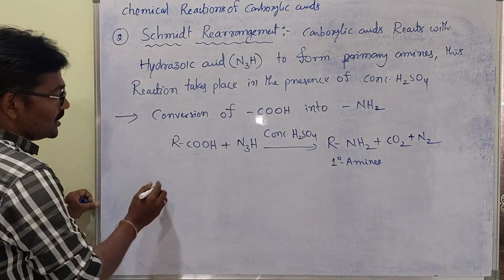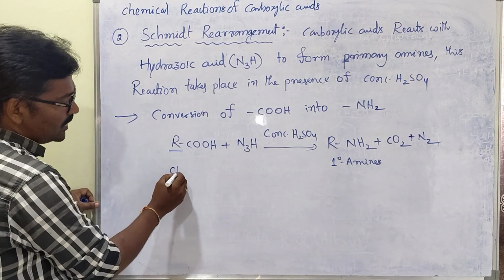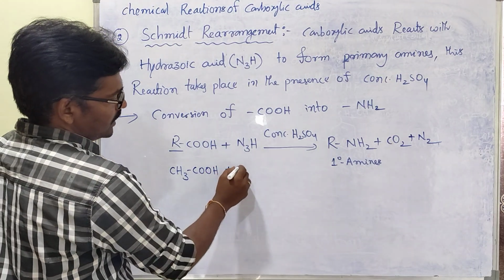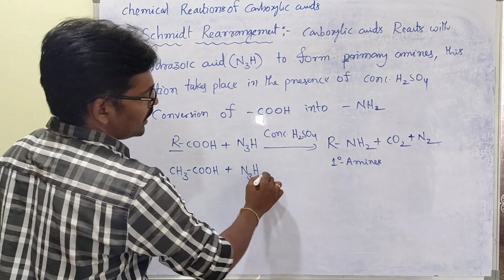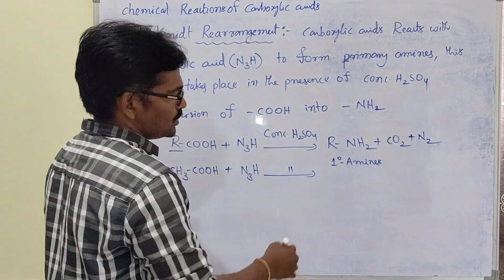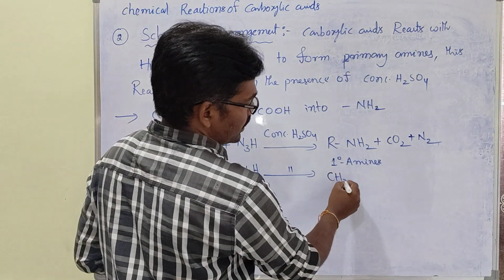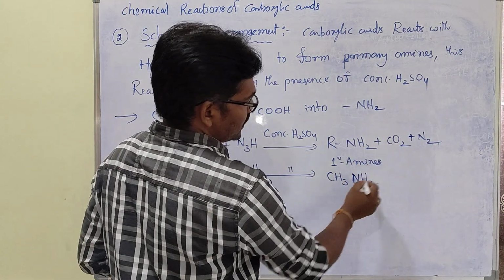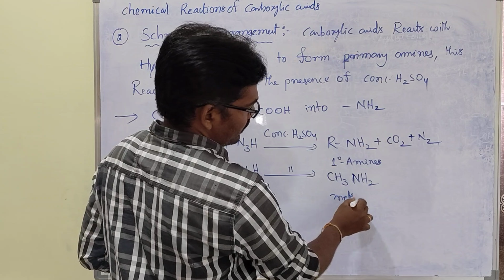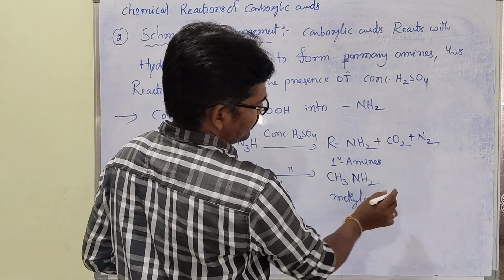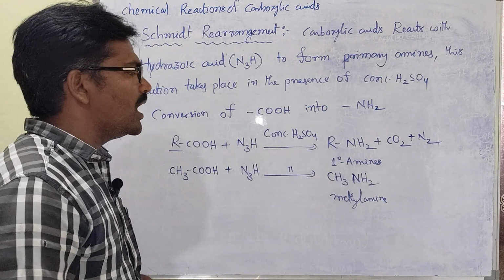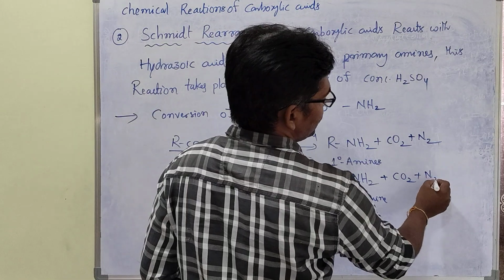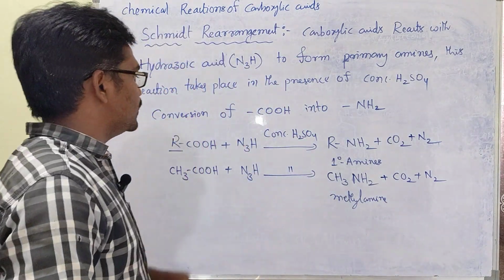Based on this general equation, in the place of R, if you take CH3, it is acetic acid, CH3COOH. When it reacts with hydrazoic acid in the presence of the same concentrated H2SO4, it is converted into CH3NH2, methylamine or methanamine. Methylamine is the common name, methanamine is the IUPAC name. Plus CO2 plus N2, nitrogen gas, will be produced.